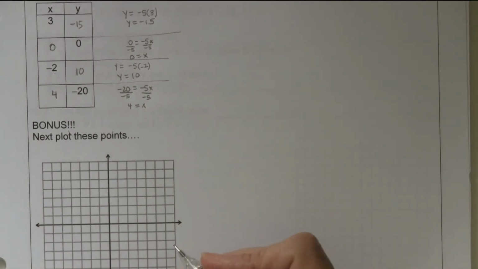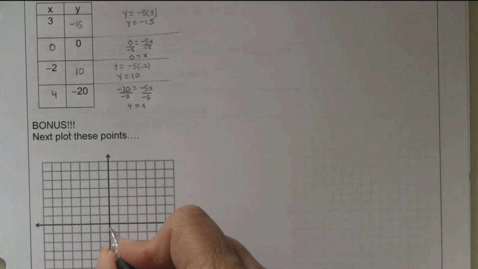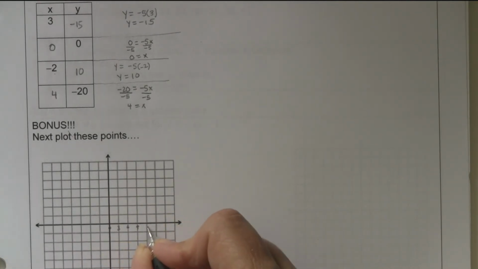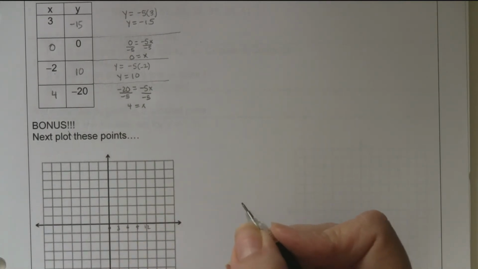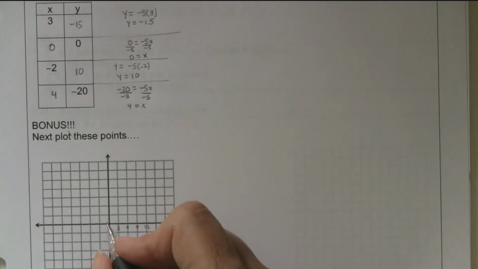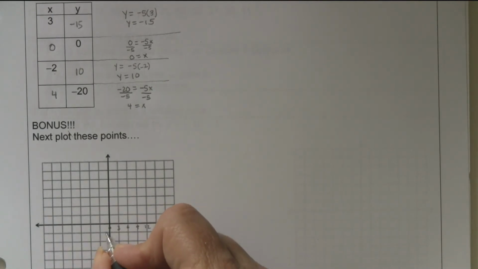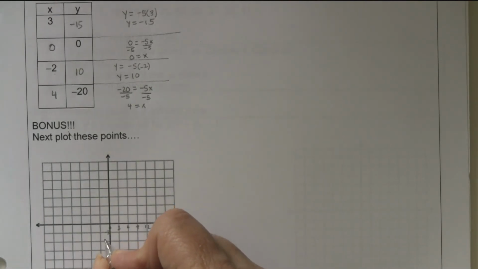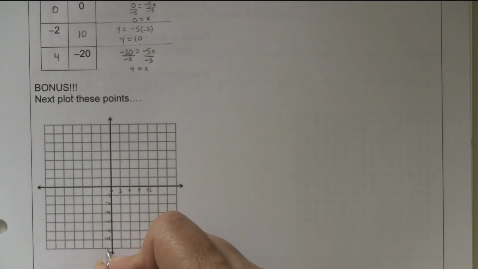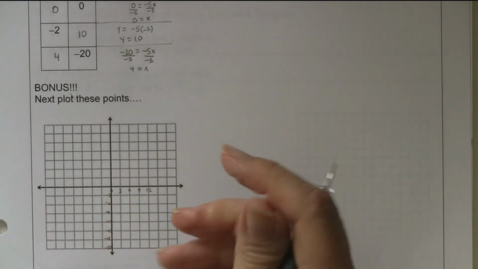And so let's see here. 0, 3, 6, 9, 12, right? Going that way. And I got to go down in the negatives. So -3, -6, -9, -12, -15, -18, counting by 3s is hard, -21.